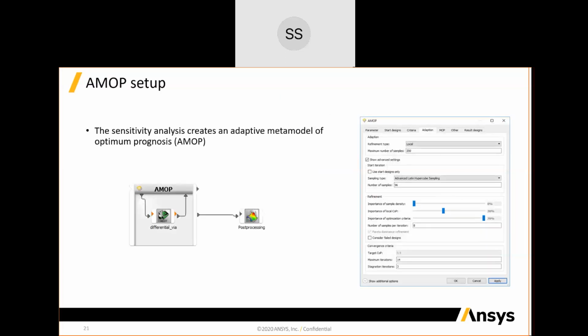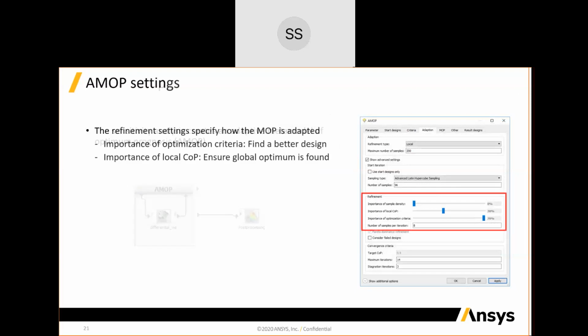The other part here will be the AMOP setup. So it's the adaptive meta model of Optimum Prognosis. And in terms of how we define the setup for it, we start out with an initial sampling, and then we refine that sampling with this adaptive process. And here we can specify with sliding bars what's important to us. So here, my most important aspect will be focusing on the optimization criteria.